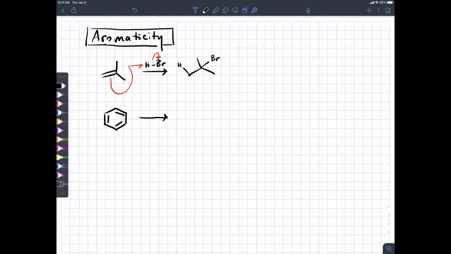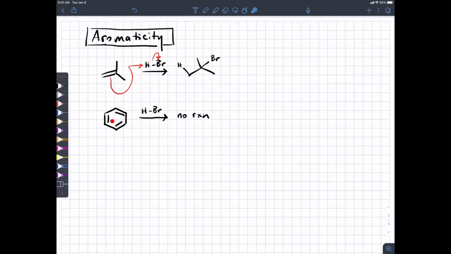But we haven't ever shown you a product of addition of HBr to one of the double bonds of the benzene ring because it doesn't work. Benzene and HBr sit and stare at each other sort of indefinitely. Nothing happens. And so you can do these types of addition reactions to alkenes in the presence of benzene, and the benzene ring is fine.